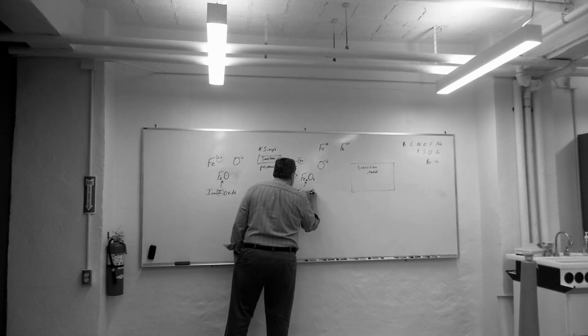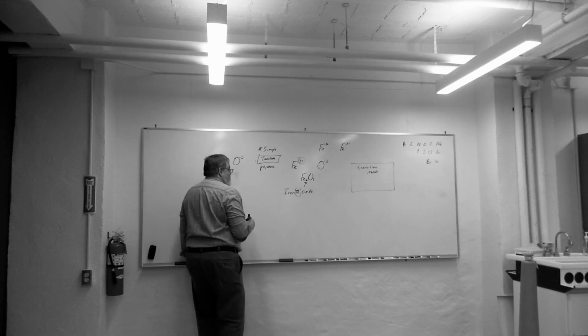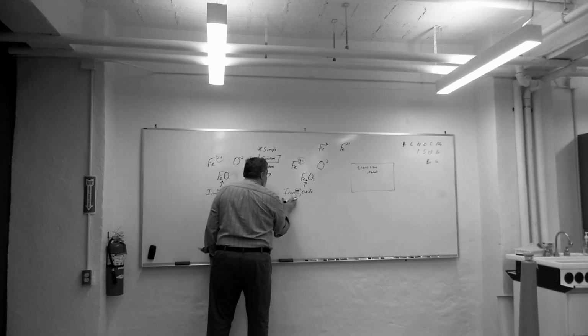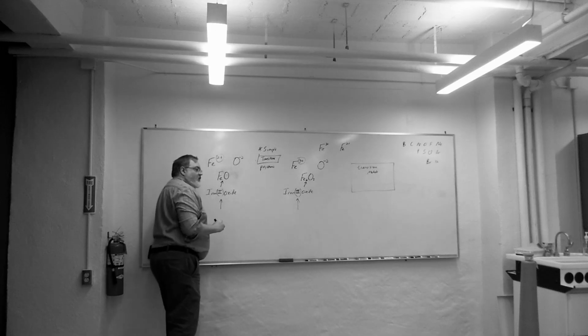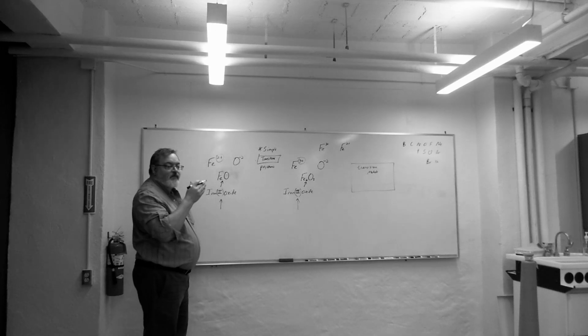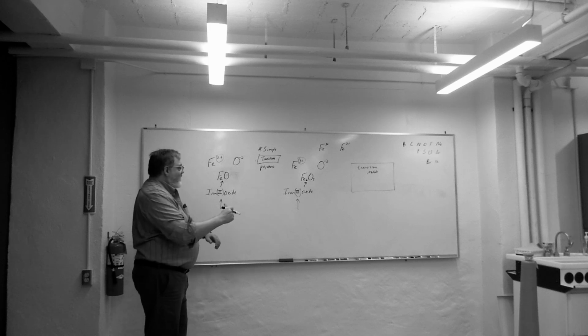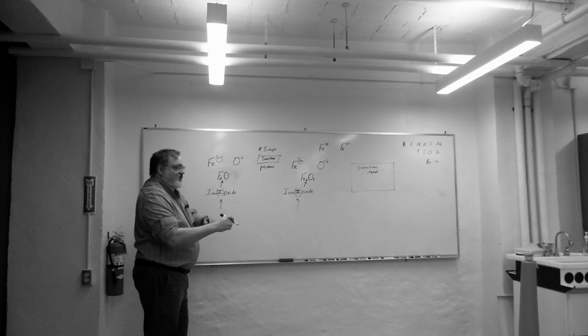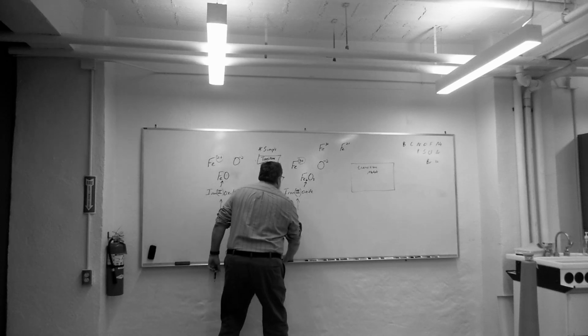Here's oxide. So the difference in naming for the transition metals compared to the simple ones is when you have a metal from the transition metals, you have to put this in there to tell which one it is. And some transition metals can have like 5, 6 different charge states. Like vanadium has, I think, 7 different charge states. Okay, and one other twist here.